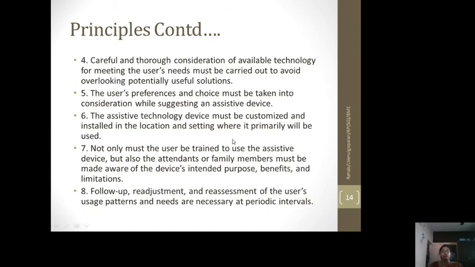Then seventh, not only must the user be trained to use the assistive device, but also the attendants or family members must be aware of the device's intended purpose, benefits, and limitations, which is very, very important because the user might overlook certain issues, and it's always a good idea to have more than one person listening to exactly what the instructions are.